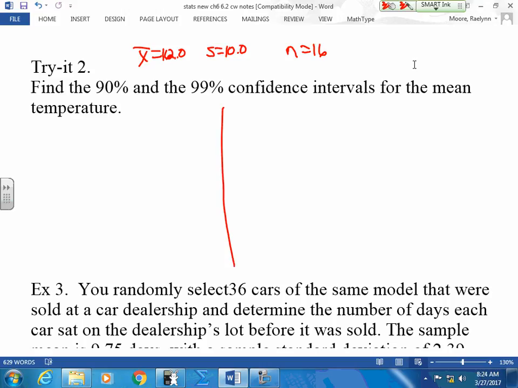I want you to redo a 90% and a 99. So these three rows, one, two, three here, guys, you do the 90%. These three rows, you do the 95. 99. Thank you.